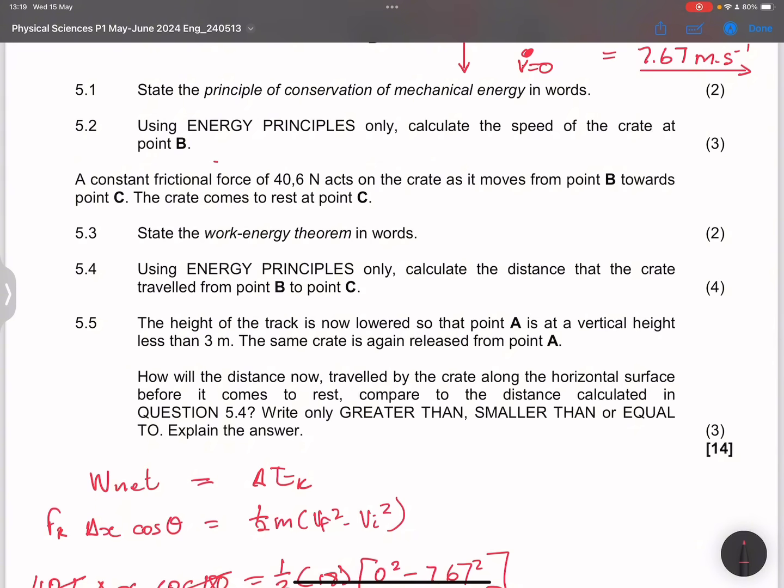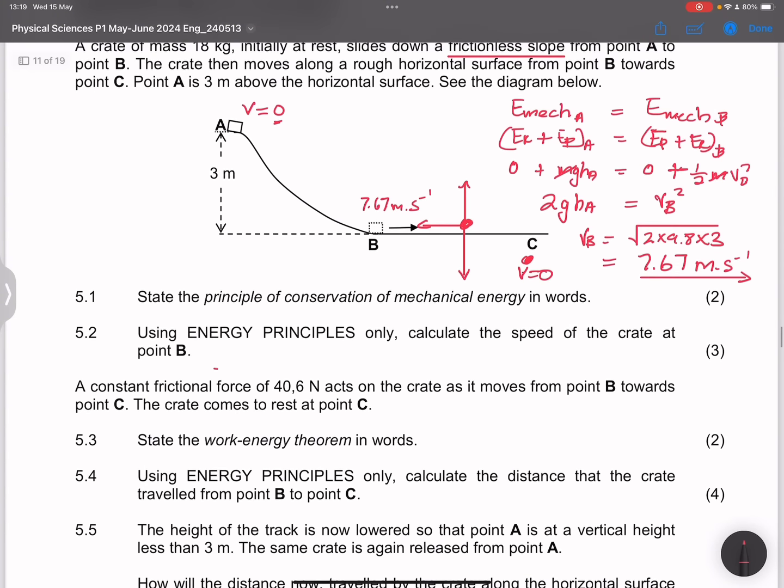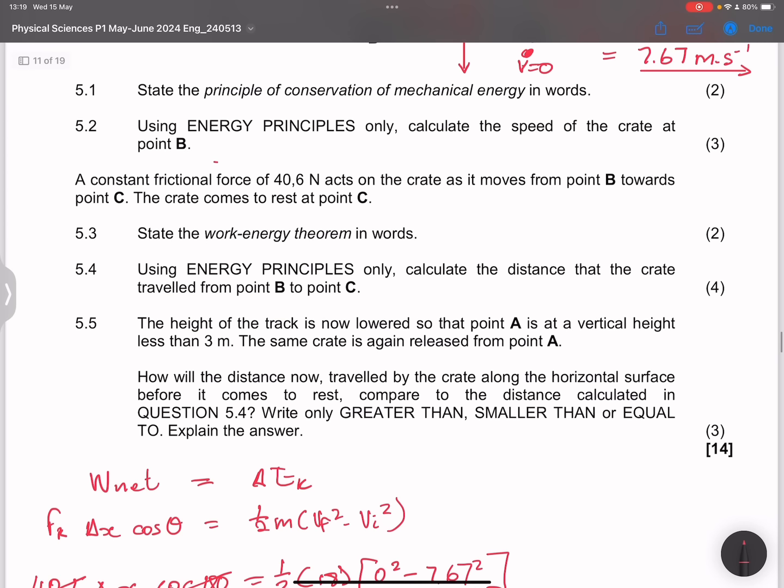I'm just trying to understand here. So they say that the height of the track is now lowered so that point A is at a vertical height of 3 meters. It was at 3 meters, right? They say the same crate is again released from point A. How will the distance now traveled by the crate along the horizontal surface before it comes to rest compare to the distance calculated in question 5.4?